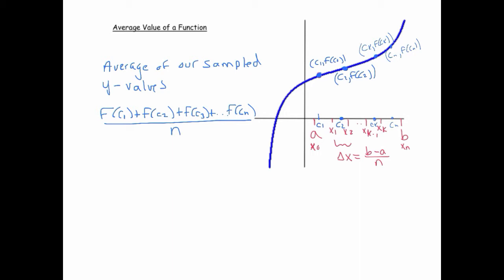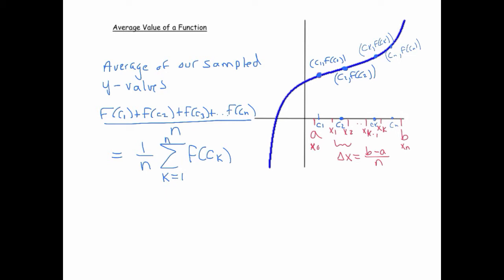Now, of course, the flaw in this is that this is just a finite number of y values, and the function itself has an infinite number of y values. So we're going to have to do more than just this. Let's write it in sigma notation at least. Let's call this 1 over n times the sum of f of C sub k as k goes from 1 to n.